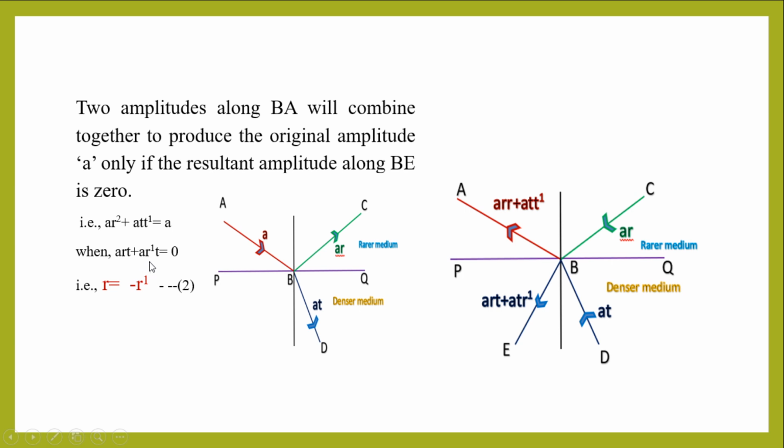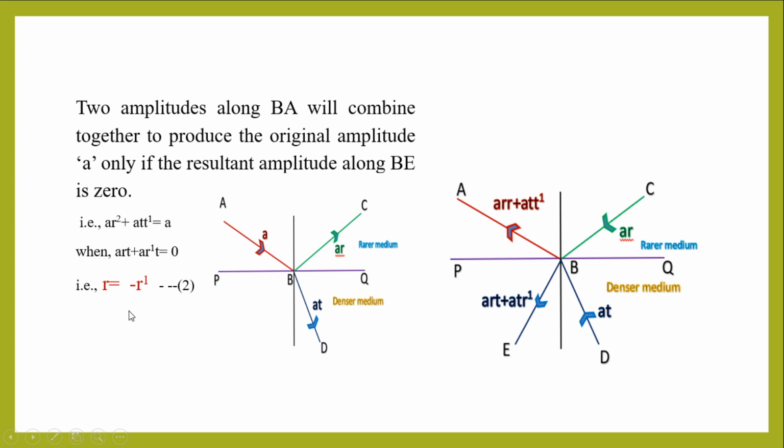From this diagram, this can be rewritten as R is equal to minus R dash, where R is coefficient of reflected light in rarer medium and R dash is coefficient of reflected light in denser medium.